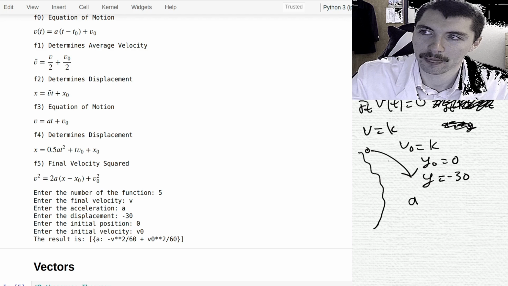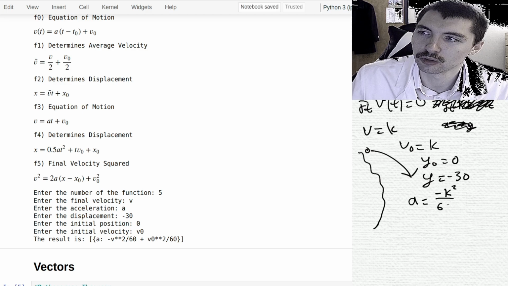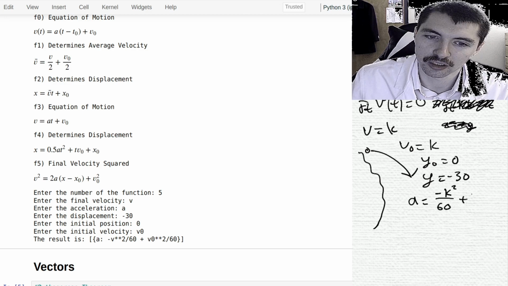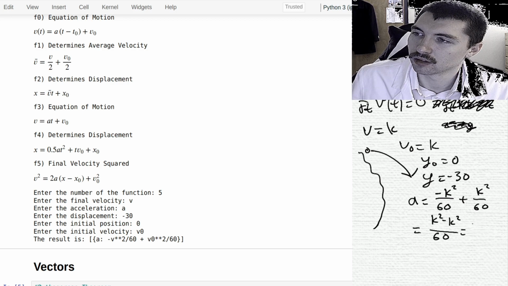Okay. So a is negative k squared over 60 plus k squared over 60, which is 60 over k squared.